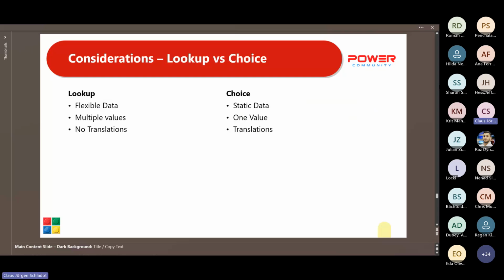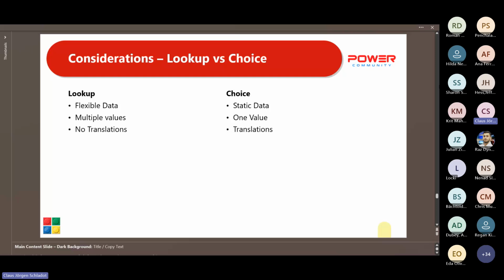Besides security, you also have to do other considerations during the data modeling. So, for example, if you handle some options, you have either the possibility to use the choice type of column, which is more static data.